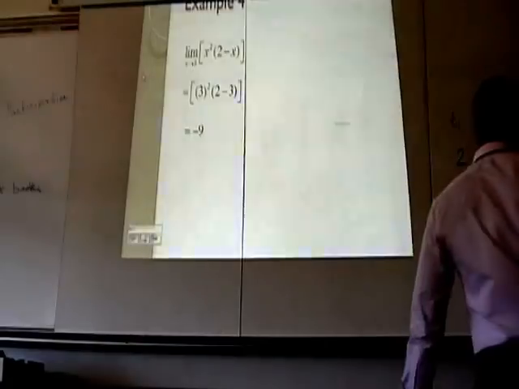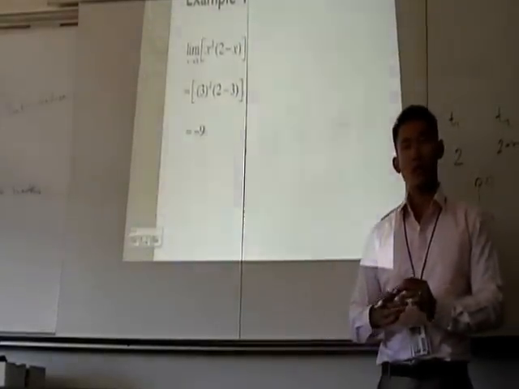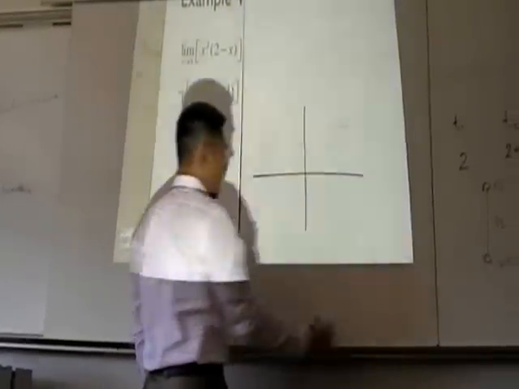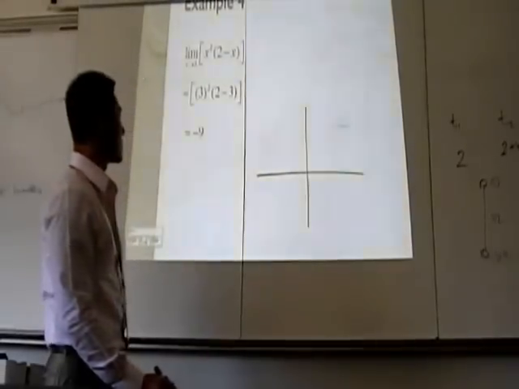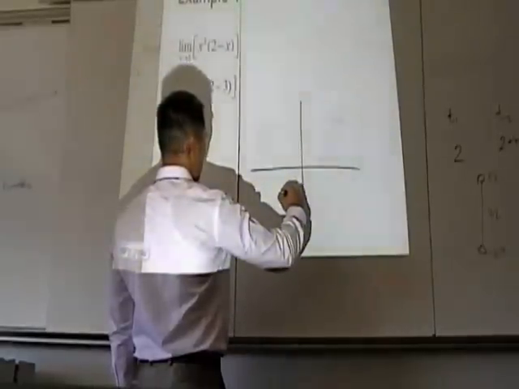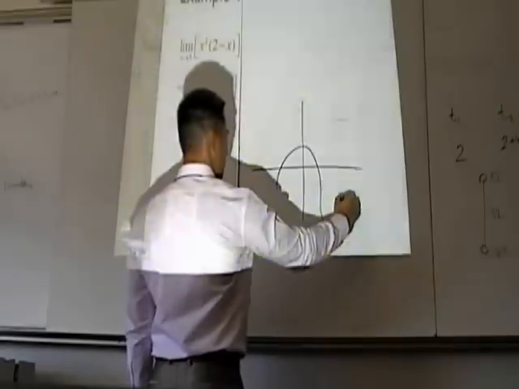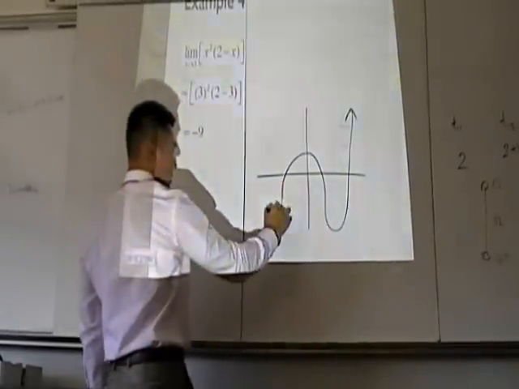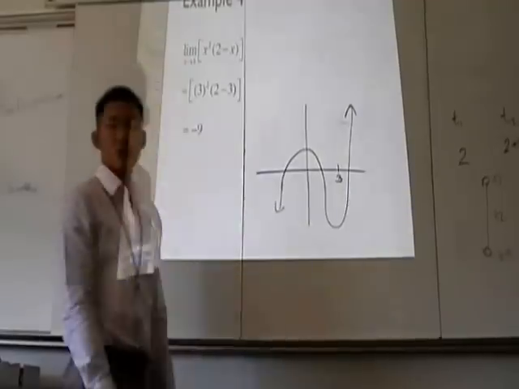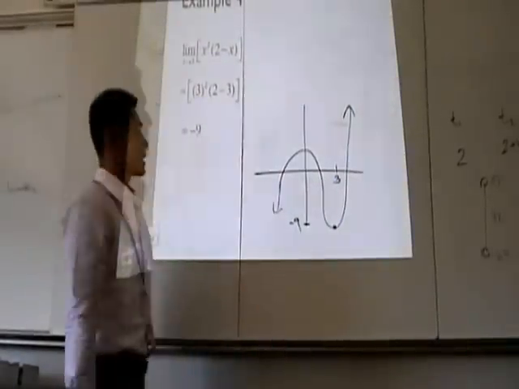Let me show you what's actually going on, because I think you guys are just calculating without knowing what's up. So let's pretend this is the graph. I don't know what the graph actually looks like, but let's say it looks something like this. Let's say this right here is 3. As x approaches 3, your graph right here is negative 9.